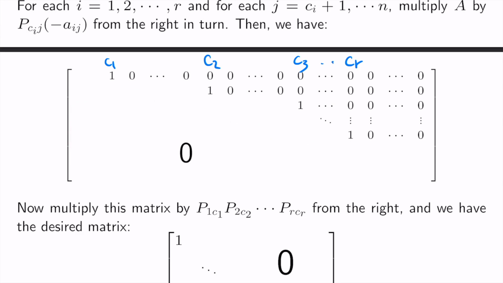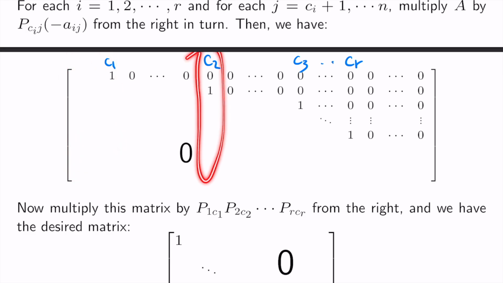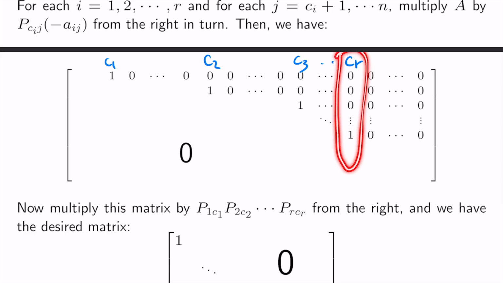Next, all we need to do is to swap this column with the first column, and swap this column with the second column, and swap this column with the third column, and so on, and swap this column with the rth column somewhere here. Who knows?